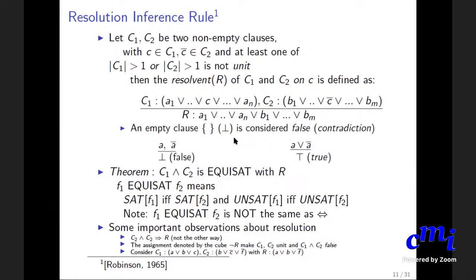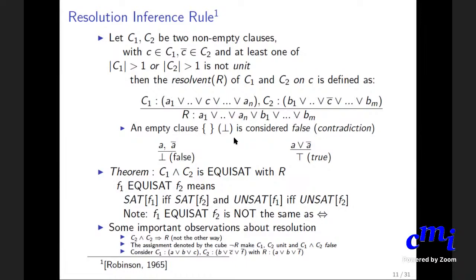In particular, the assignment represented by the negation of this will make each of these two clauses unit, and then there will be a conflict. This will make C to be 1, and the assignment will make C bar to be false.